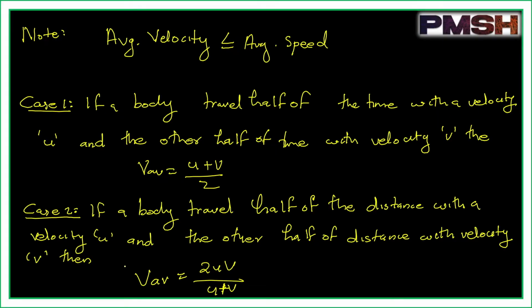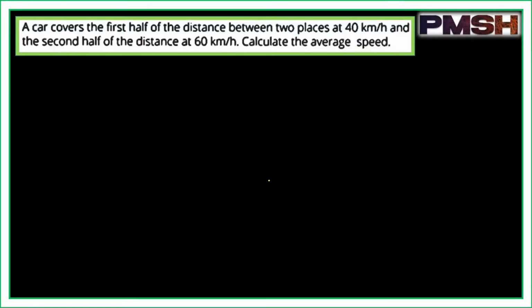Clear? So you have to understand these two cases very well. And now we will solve some questions to understand the concept. Here is your first question. In this question, a car covers the first half of the distance. Remember, it is the second case, right?